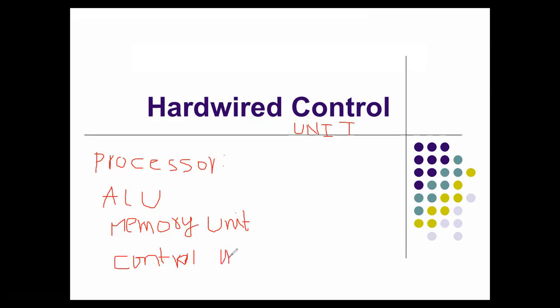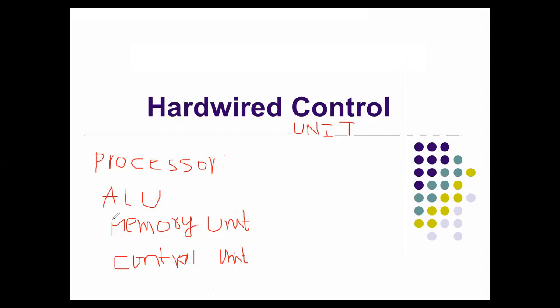Based on this control unit only, we know whether a read operation or a write operation is performed. Read operation means the data is transferred from the input to the processor.